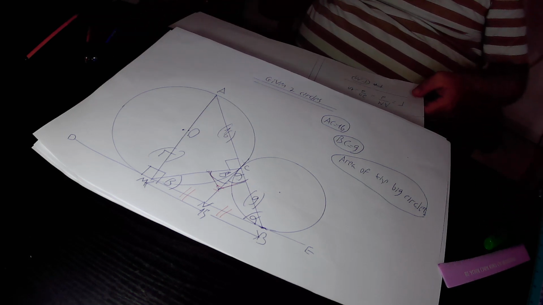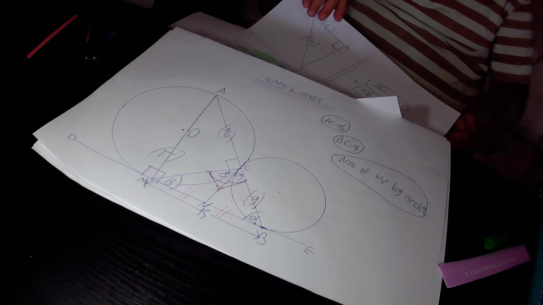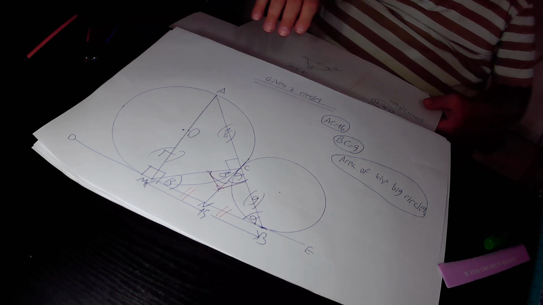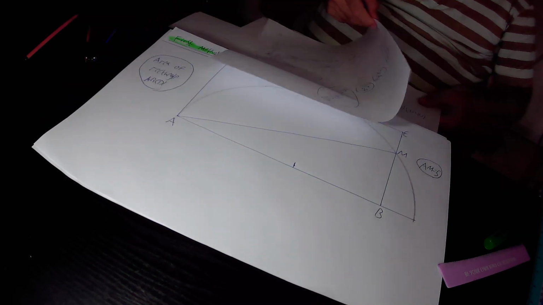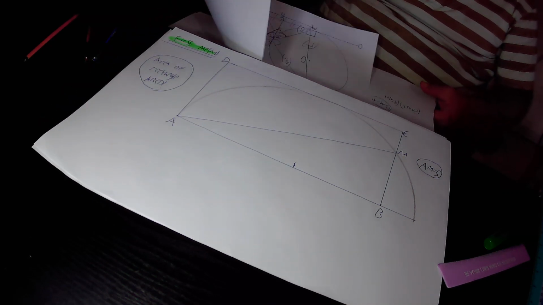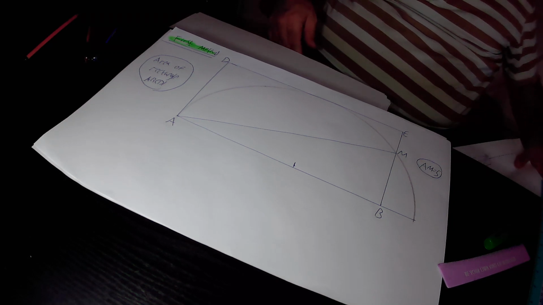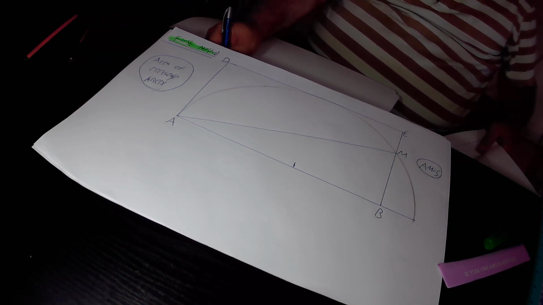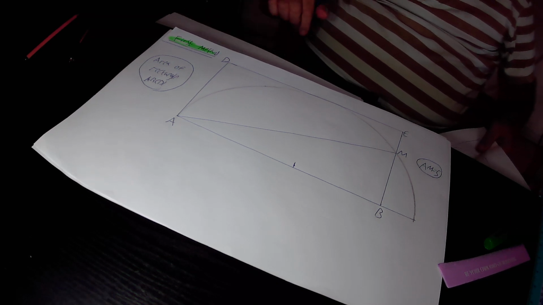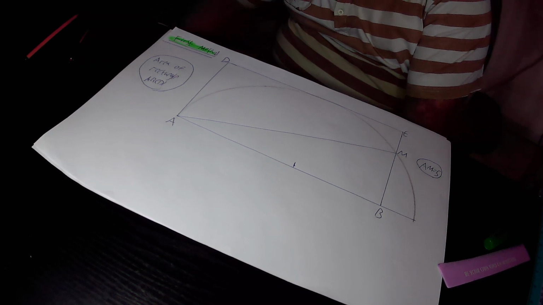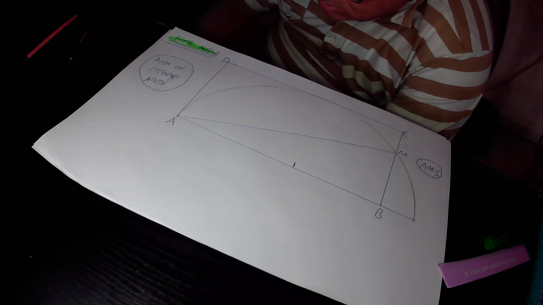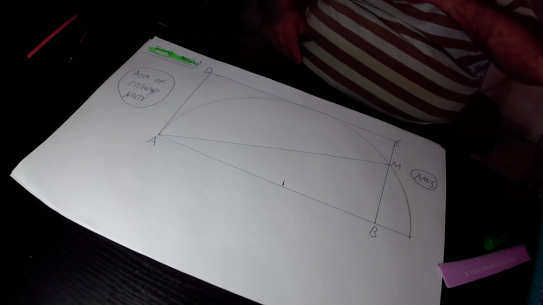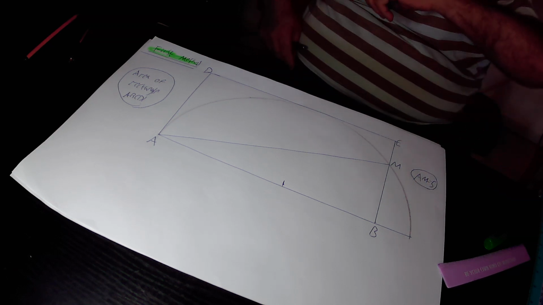In the next step, I will present you the second question, and we will solve the second question in two different methods. Our mission in the second question is to find out the area of this rectangle ABCD.